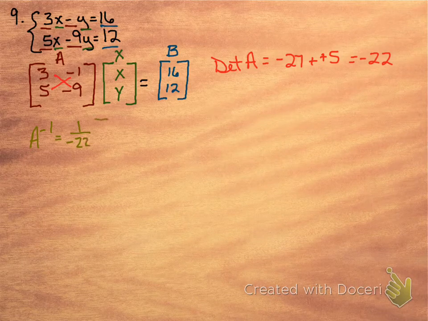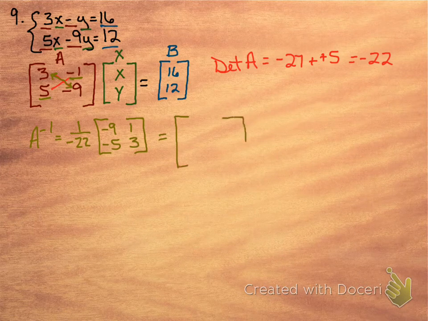So as we are working to find our inverse for A, we have 1 over -22 times our flip-flop matrix. So we're going to switch the 3 and the -9, and we're going to change the signs on B and C. So that will be 1 and -5.